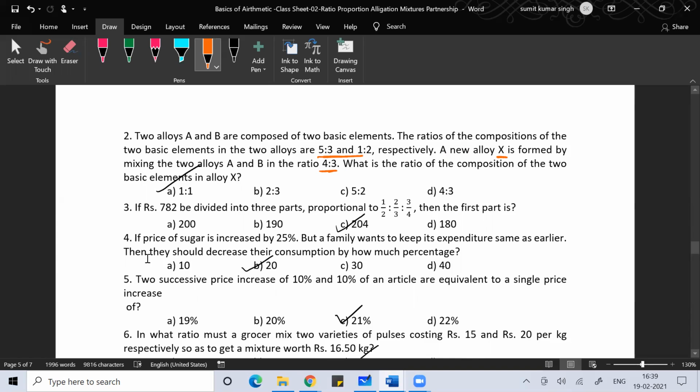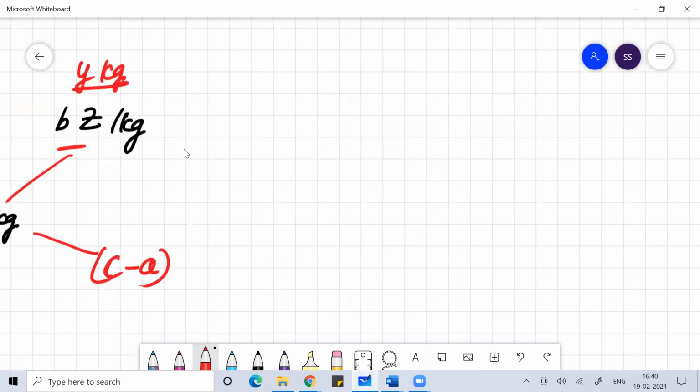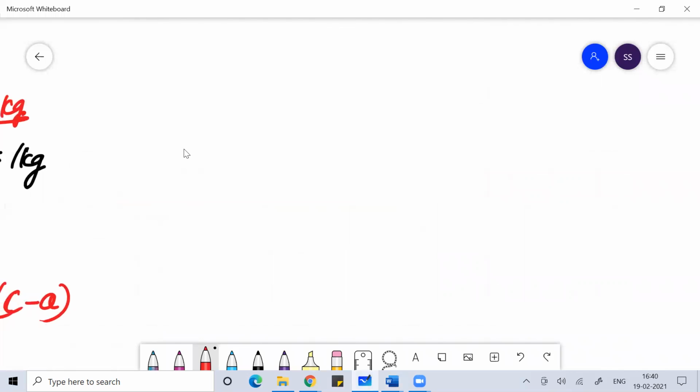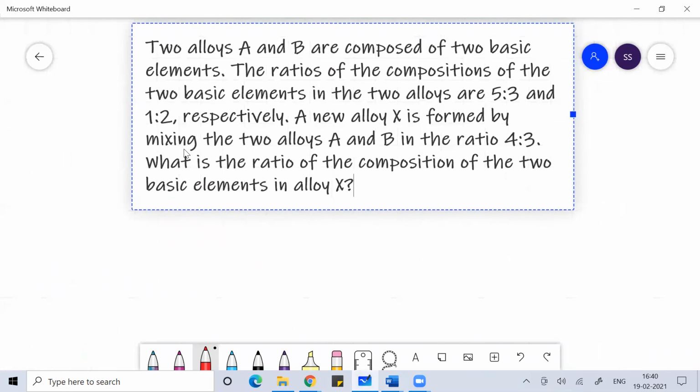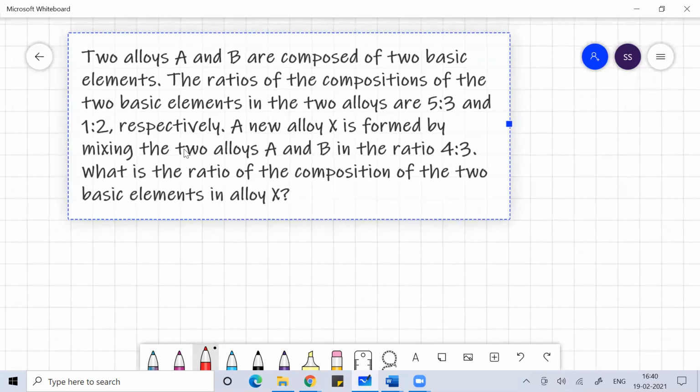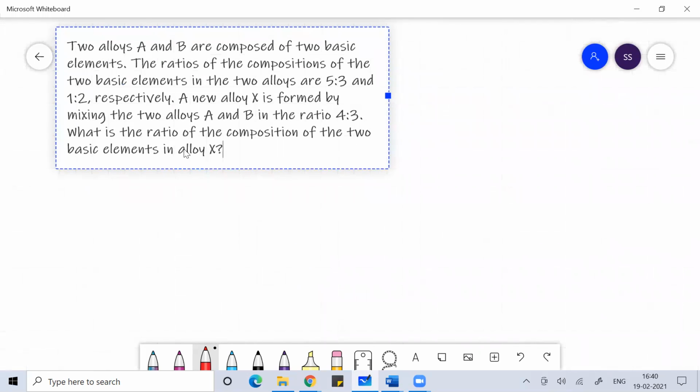So if you see this question, two alloys A and B are composed of two basic elements.